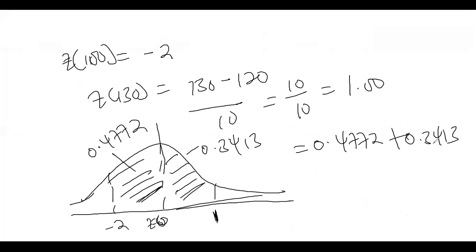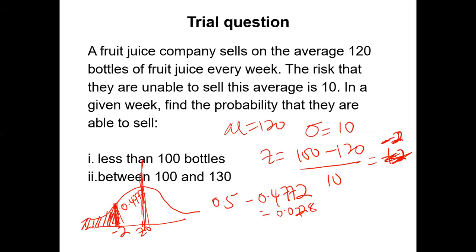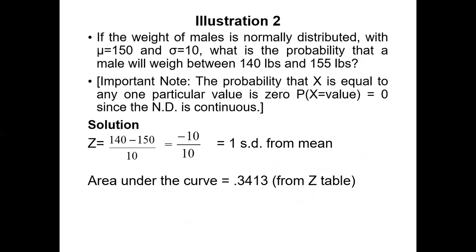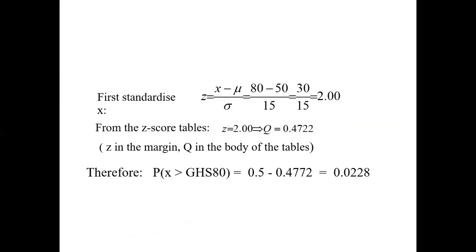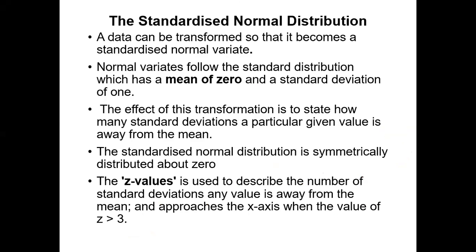Okay, that will give us approximately 0.8185, which simply means that 81.85% will be, so there is 0.8185 probability that the firm will be able to sell between 100 and 130. Okay, so this brings us to the end of our series on probability.